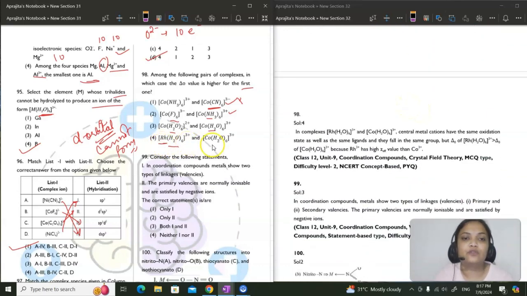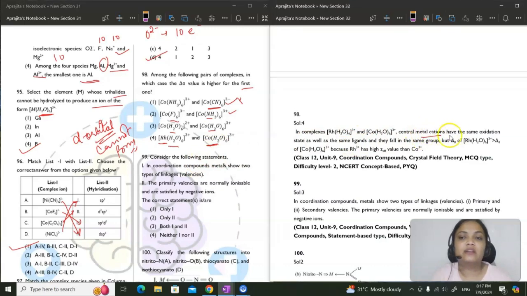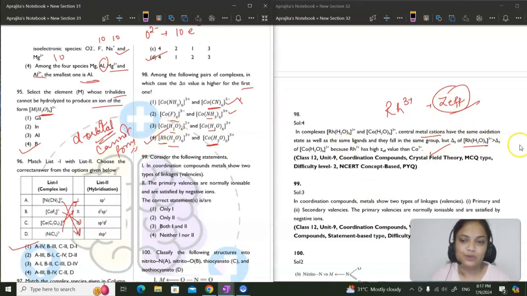Here we have H2O in both, with rhodium in one and cobalt in the other. The central metal ions have the same oxidation state, +3, and the ligands are also the same. So what will we do here? Rh3+ has a higher effective atomic number, Z effective, than Co3+, so it will have the higher delta naught value.